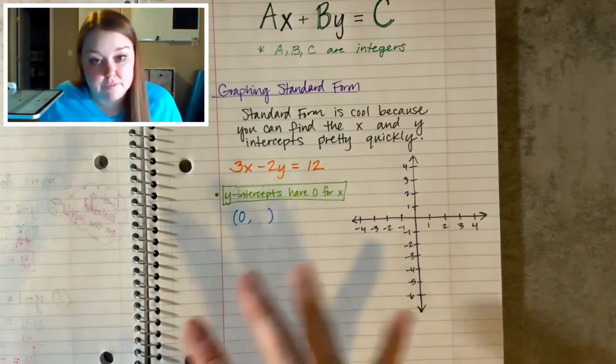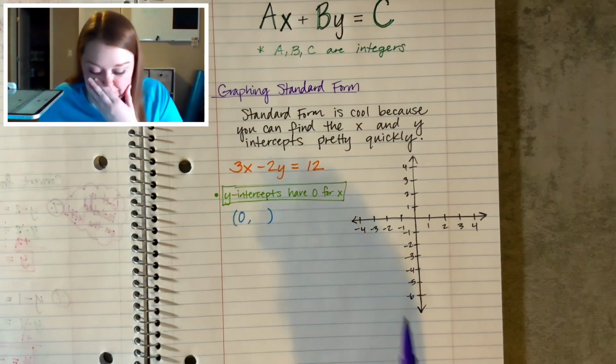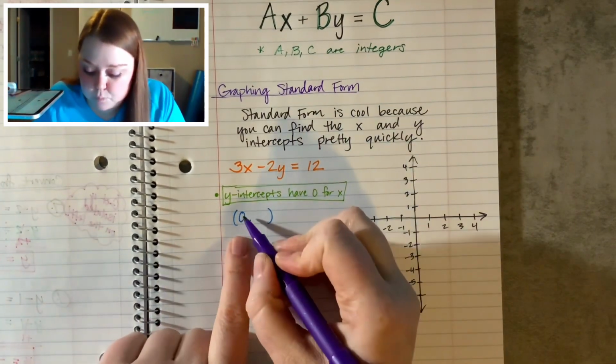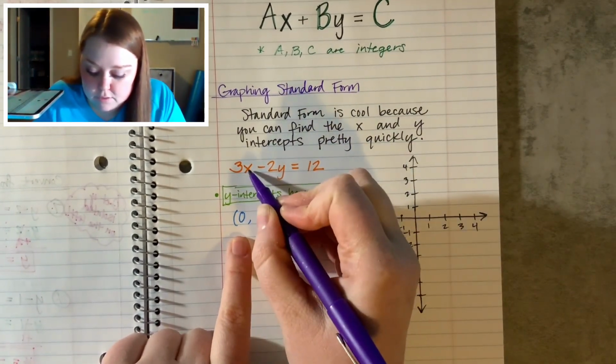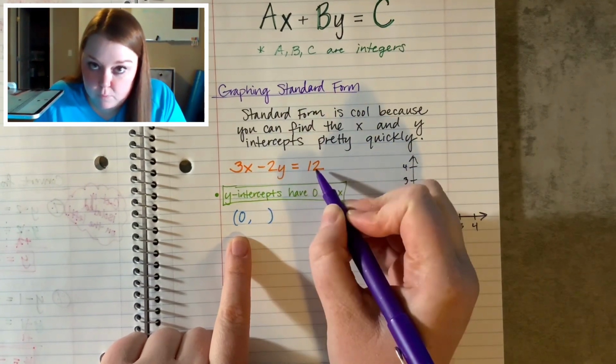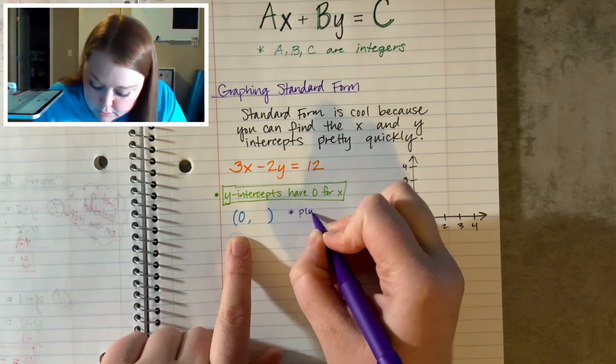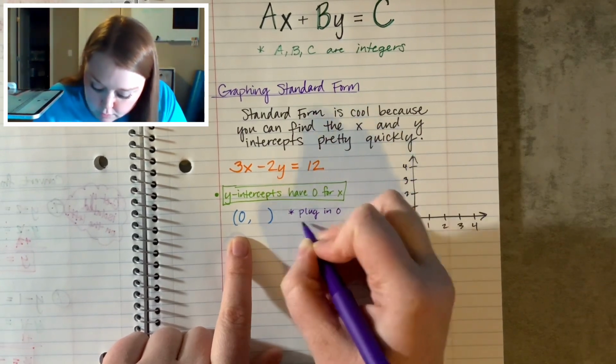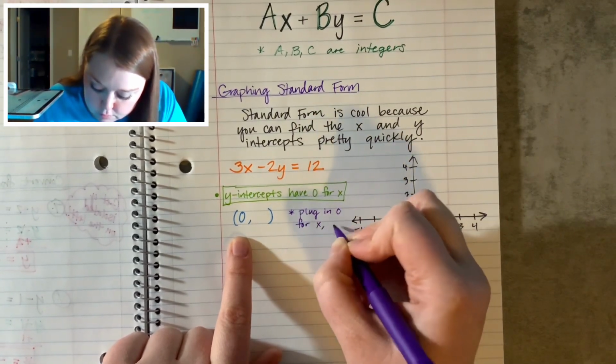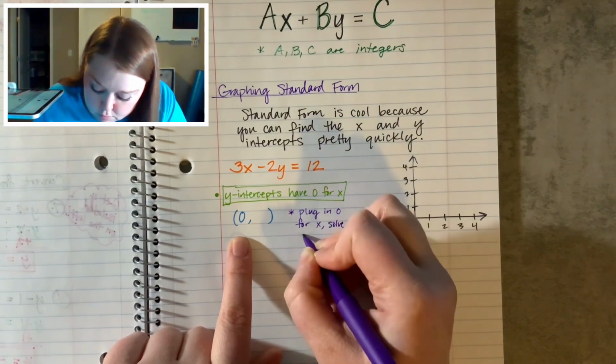Here's the thinking. If I want to quickly find the x and y intercepts, for the y-intercept, I would just plug in 0 for x and then solve for y. So I want you to tell yourself that here: plug in 0 for x, solve for y.